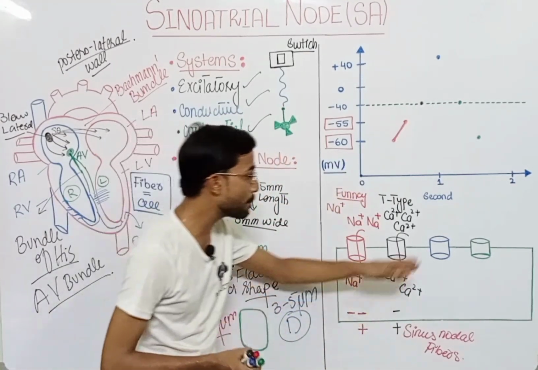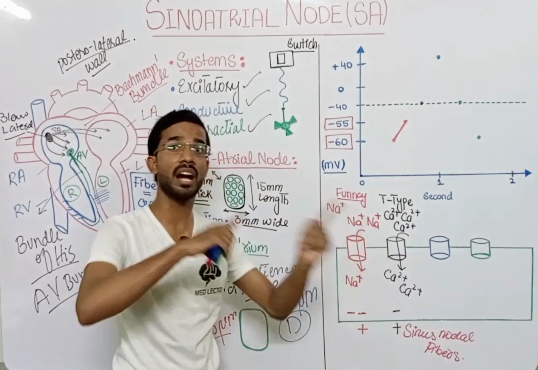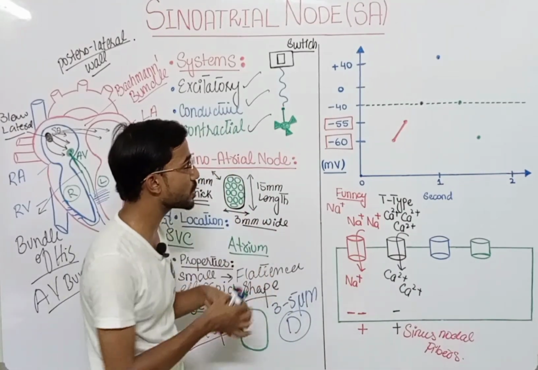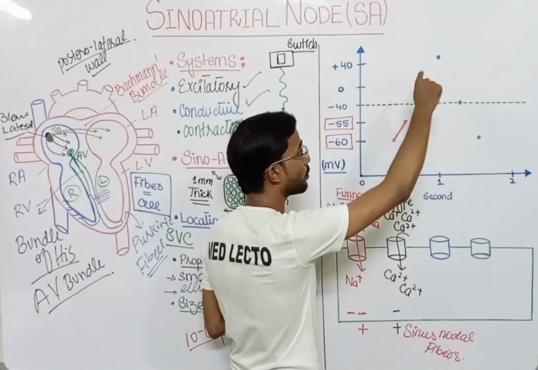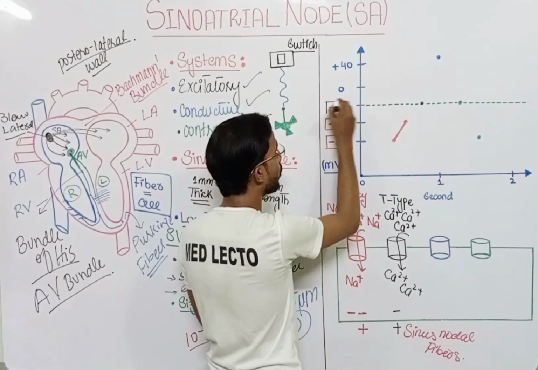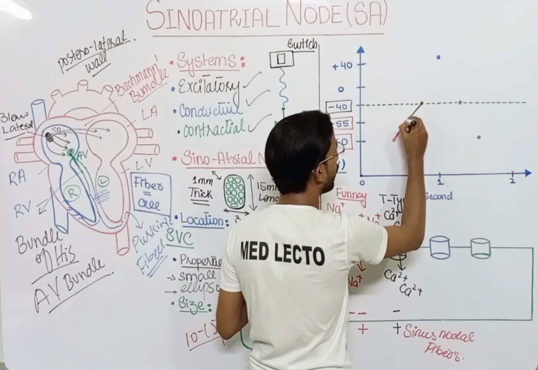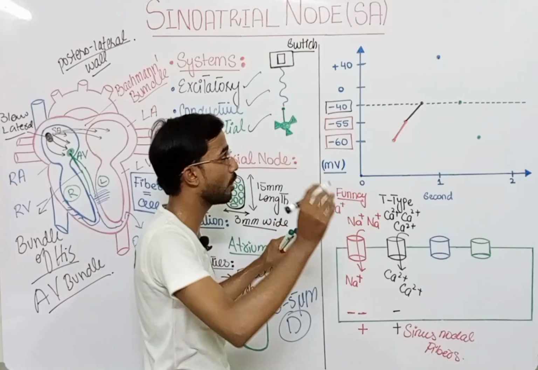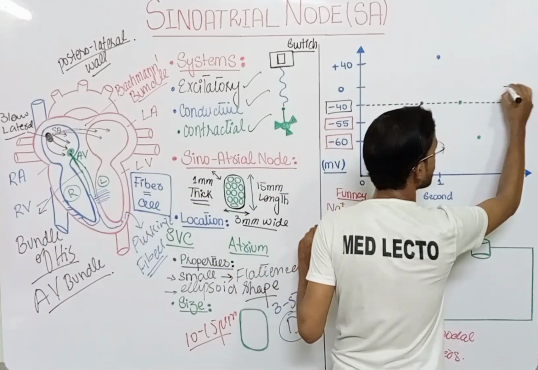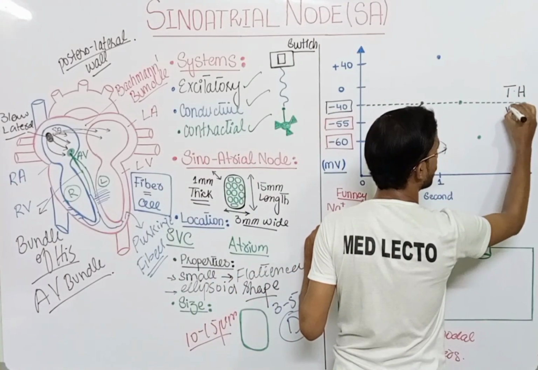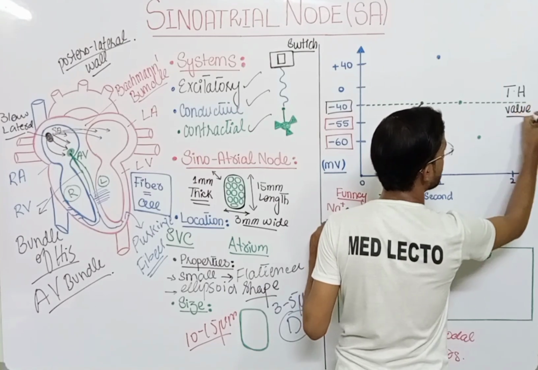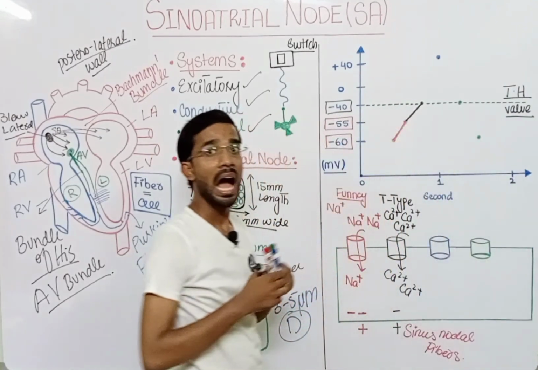Why? Because the positivity inside the cell starts increasing. In that situation, the graph will start moving upward, and it will go towards the threshold value, that is minus 40 millivolt. That's very important. Minus 40 millivolt.